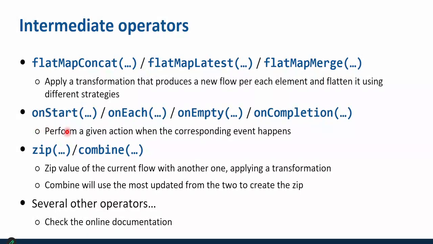And you can also run just on special events that happen within the life cycle of a flow. For instance, you can start your processing when some values arrive, execute the predicate as we have done on the list for each value, or when the clear is called, or when there are no more values in the queue.